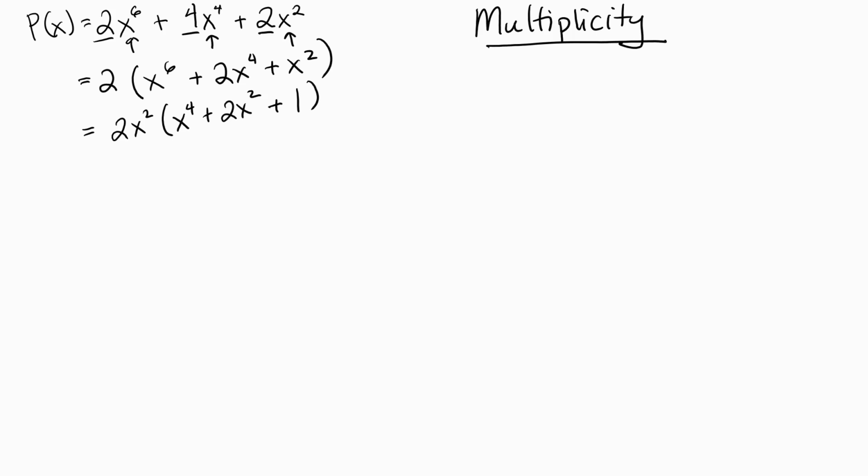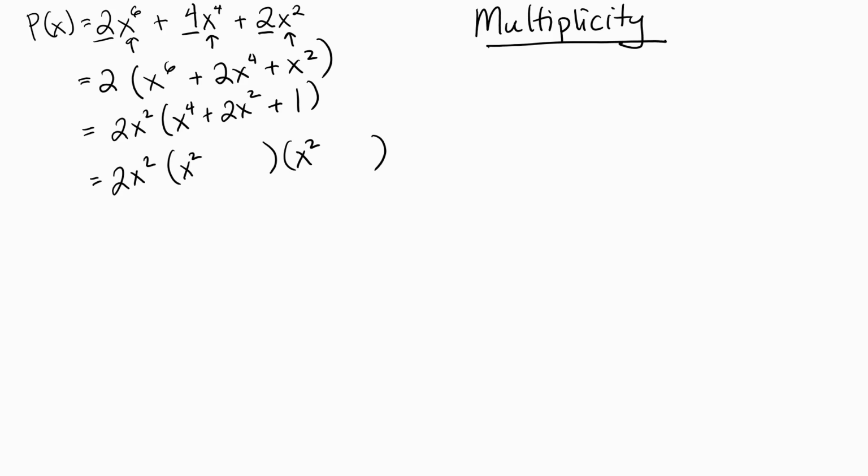Okay, so from here, I am going to want to do some more factoring. We're going to leave that 2x squared in the front. Now let's see if we can factor this out. I see x to the 4th, which means it's going to be x squared and x squared. And then I see a 1 at the end. The only way I can get a 1 at the end is if I have 1 times 1 or negative 1 times negative 1.